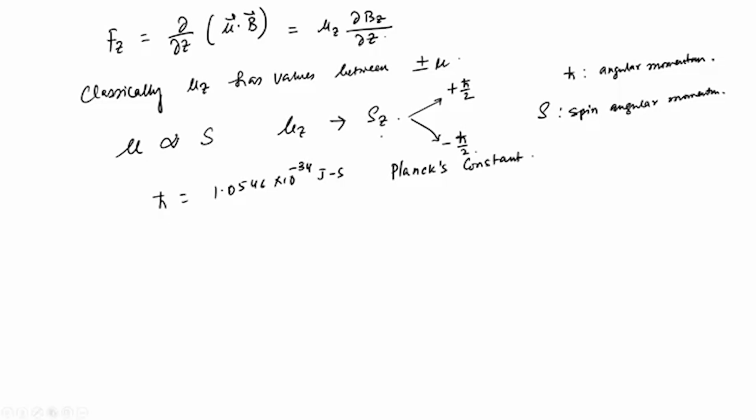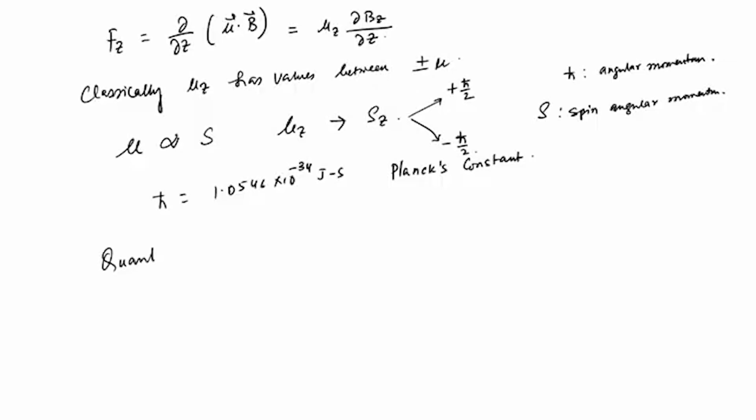So once again, this quantization of the z component of the spin, and the fact that this mu is not a classical quantity as it was thought, that electrons have a magnetic moment which is just a classical variable which can take any value.